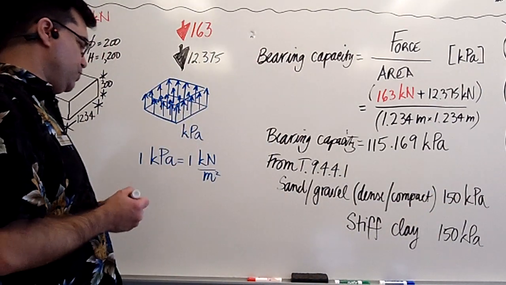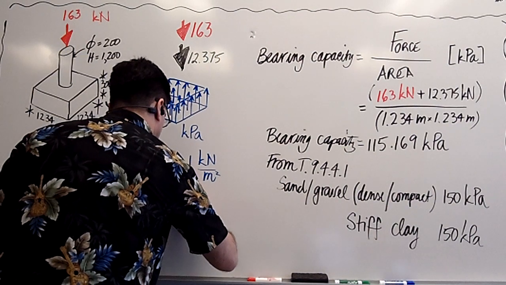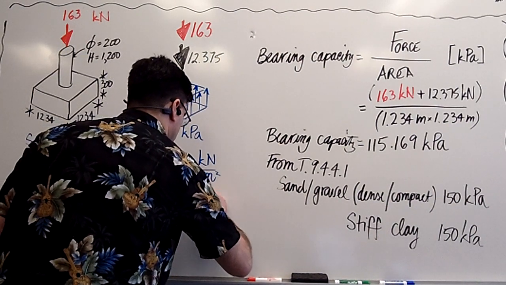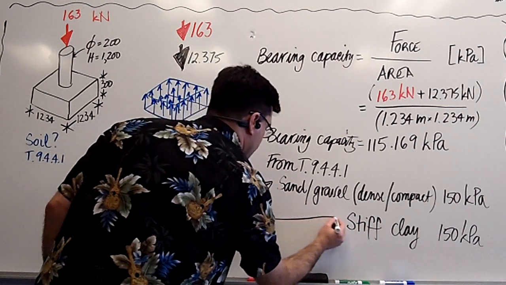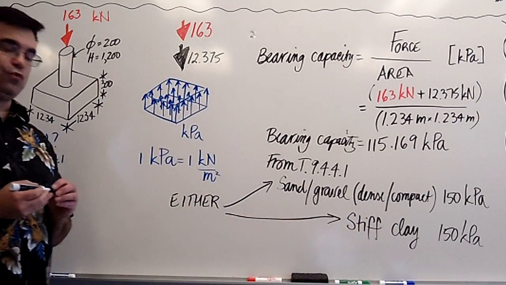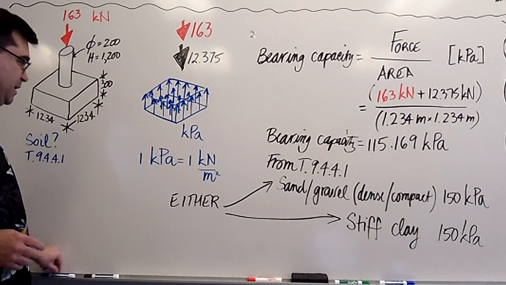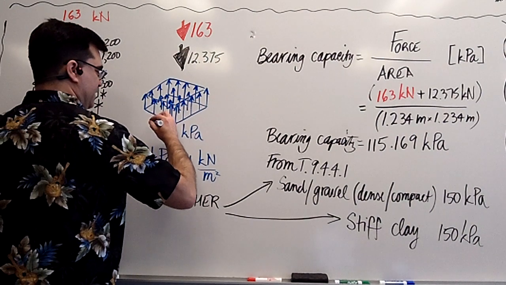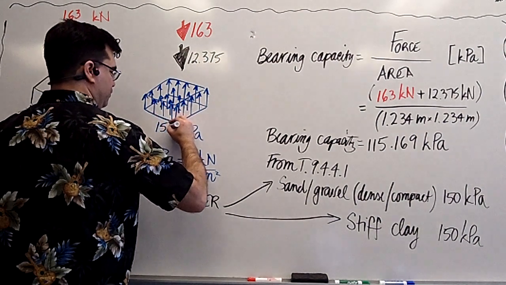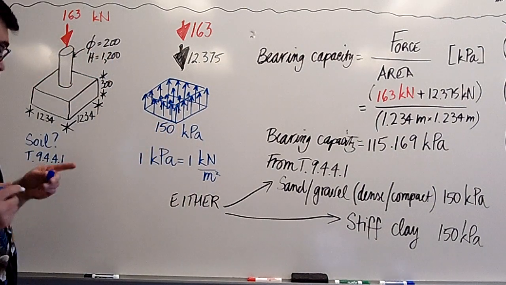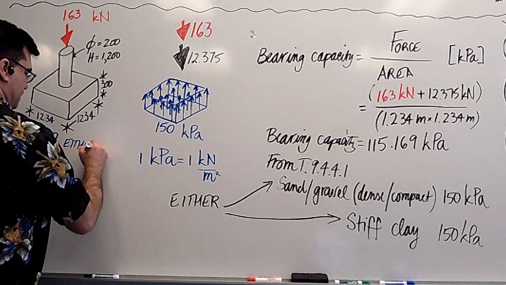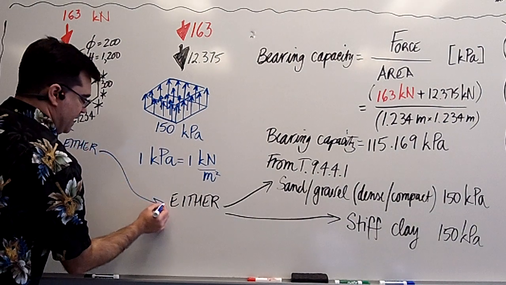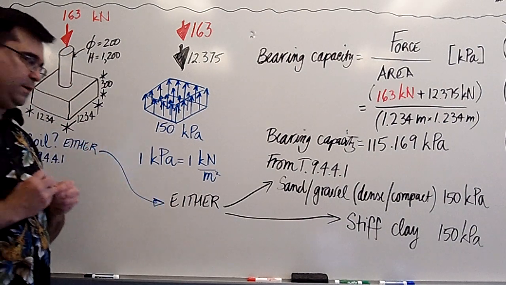So the way I would answer is this. Either this or that works. Okay, so in this case, this value would be 150 kPa from either of these values here. Okay?